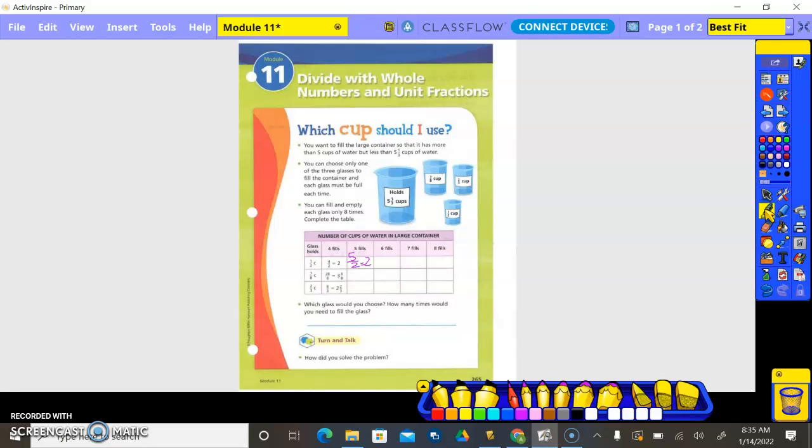Which equals 2 1/2. 6 times half would be 6 halves, which equals 3. 7 times 1/2 is 7 halves, which equals 3 1/2. And then 8 times half is 8 halves, which equals 4. Okay.